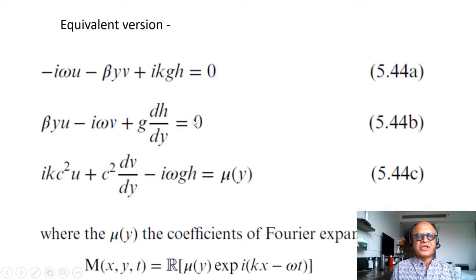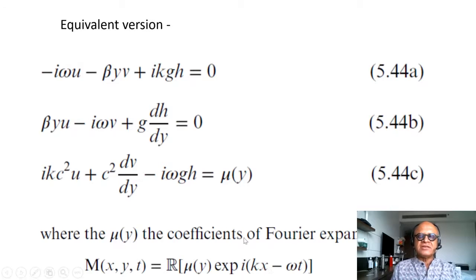For the meridional direction, you have the slope of the layers, and in the forcing function energy equation, you have mu y, which is the coefficients of Fourier expansion mxyt, which is the real part of mu y times exponential i kx minus omega t.